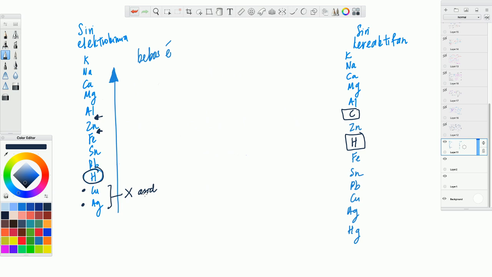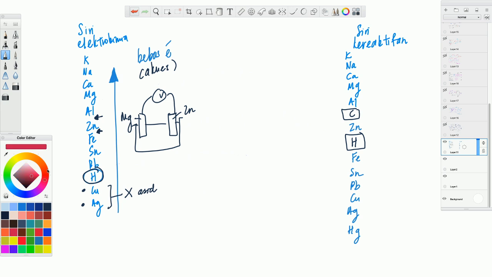Okey. Yang ini kita biasanya gunakan semasa dia dalam bentuk aqueous. Okey, larutan aqueous. Maksudnya kita letak magnesium dengan zinc. Siapa bebas elektron? Yang atas.